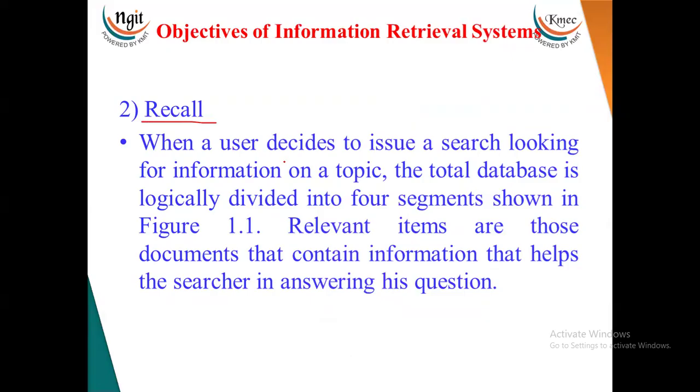Suppose a user decides to issue a search looking for information on a topic. The complete database is divided into 4 segments. We'll see this in the coming diagram. Relevant items are those documents that contain information that helps the searcher in answering the question. For example, you have a complete data warehouse.